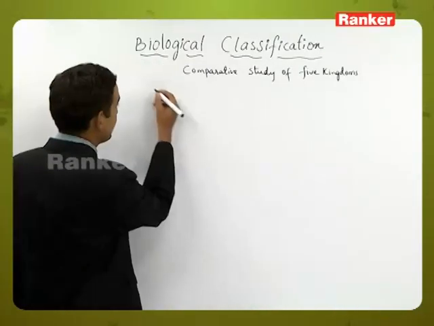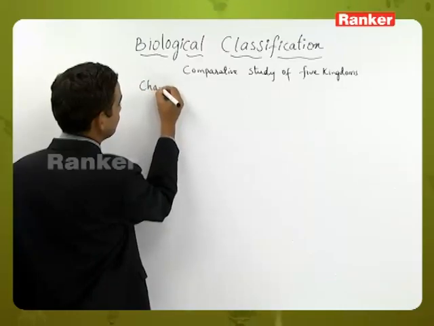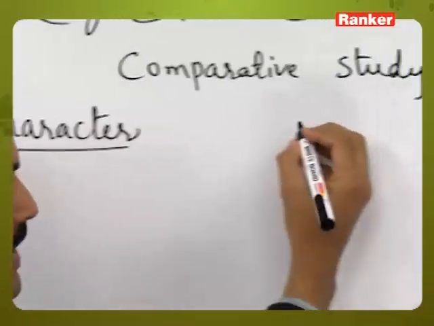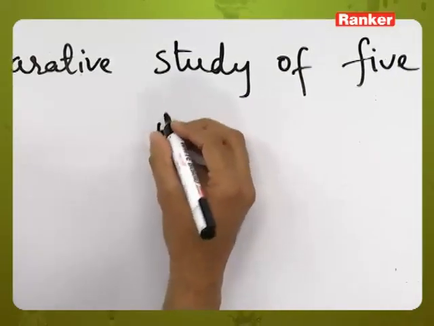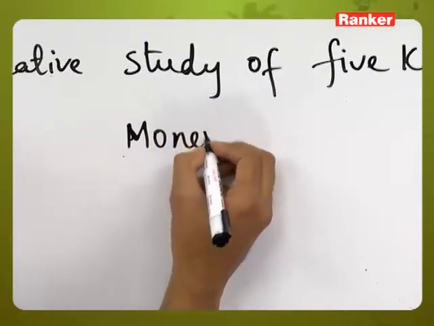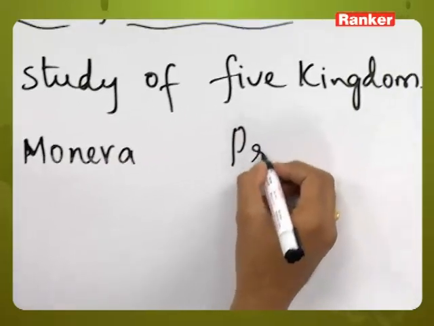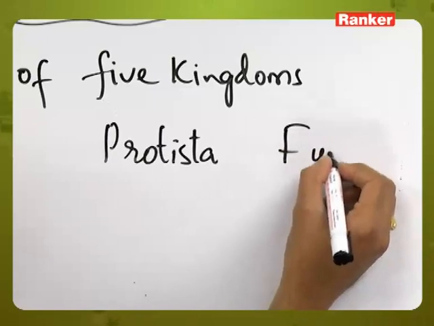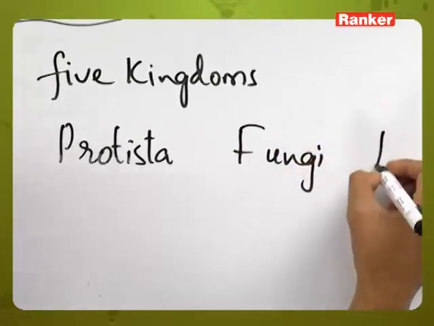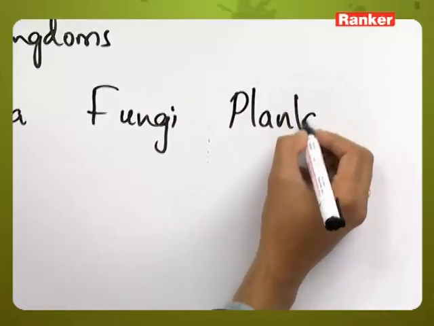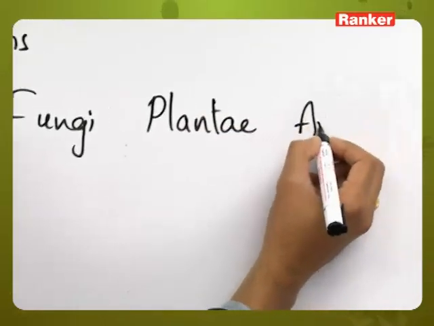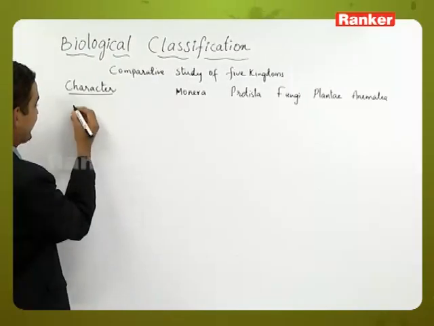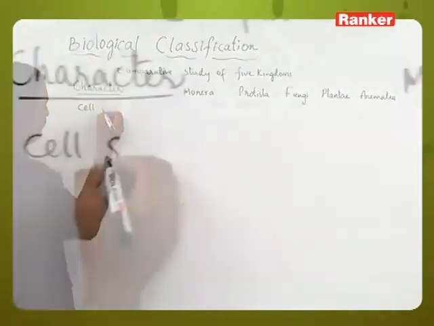So first let us write the character. In this, the 5 kingdoms are Monera, Protista, Fungi, Plantae and Animalia. Let us take the first character as cell structure.